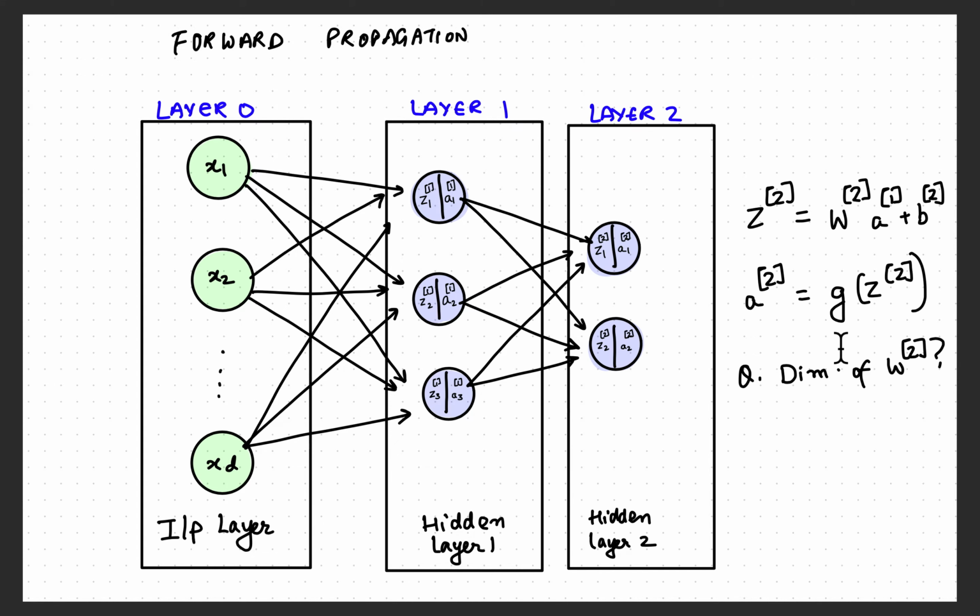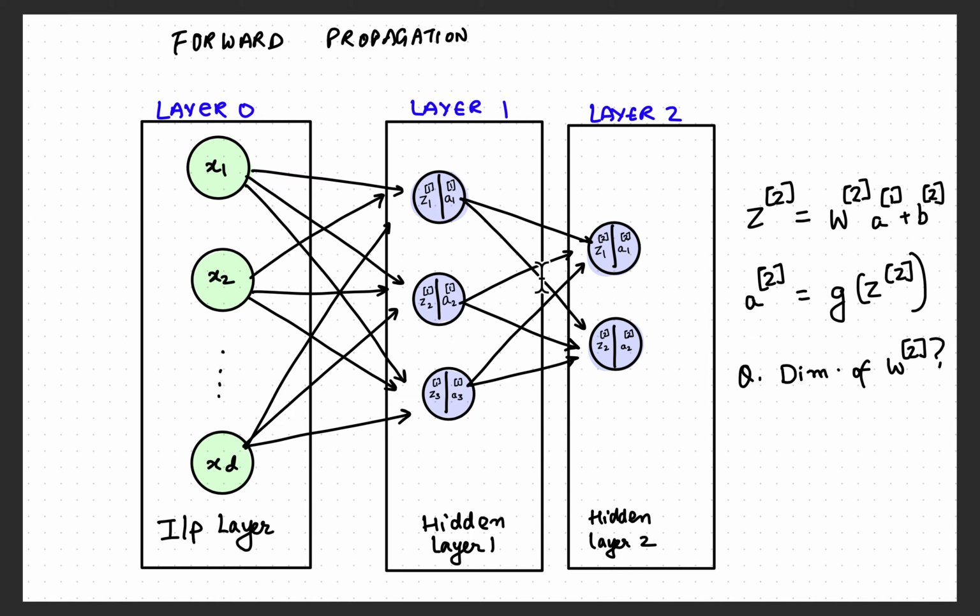Okay, let's now take the computation further. Now we have obtained a square bracket 1 subscript 1, so on and so forth. In fact, we've just obtained the whole vector, which is a square bracket 1, a three-dimensional vector because we have three nodes in layer number 1, right?